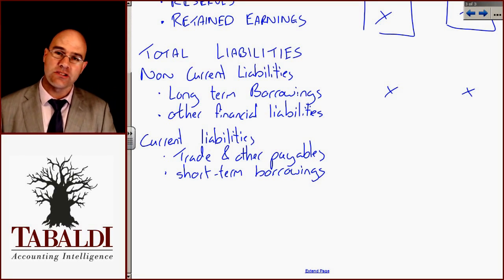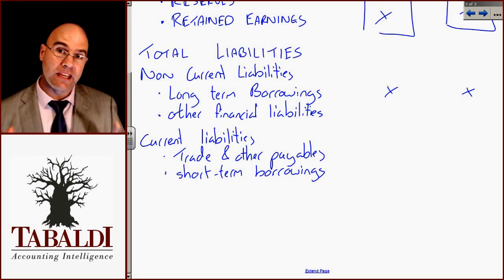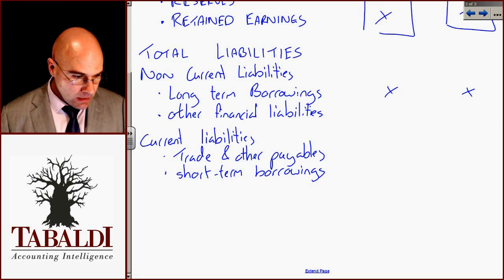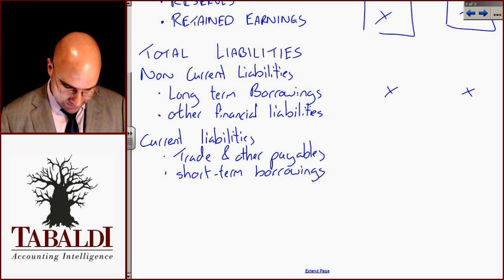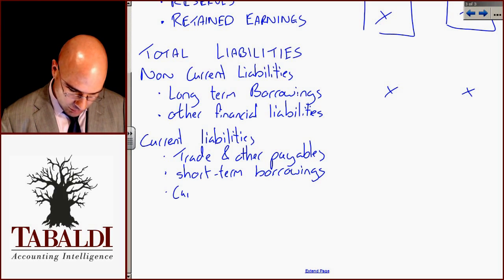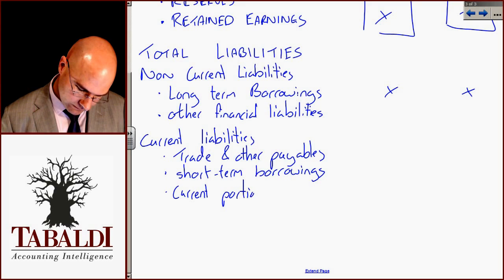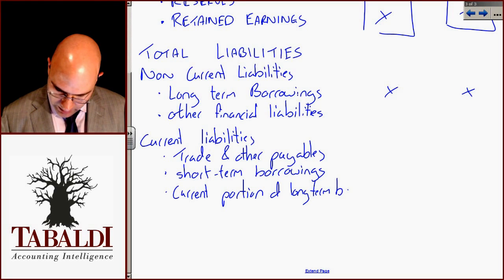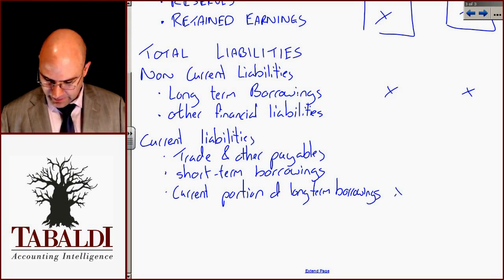You need to be writing this out, stopping, pausing, copying, and making sure you have a format that you can use throughout this semester, right? Okay, then there might be, let's write it out separately. The current portion of long-term borrowings. I'm running out of space here. Just fitted it in.